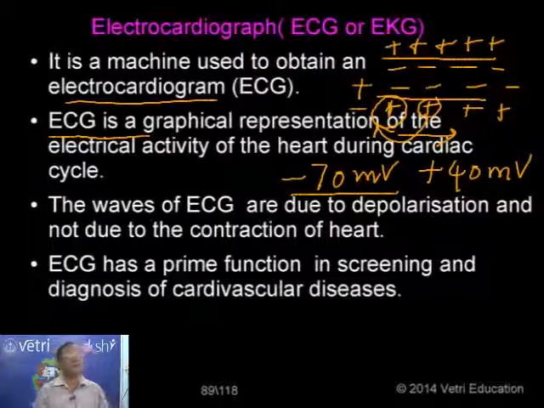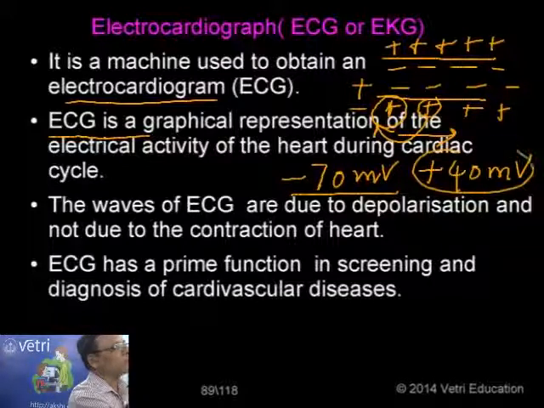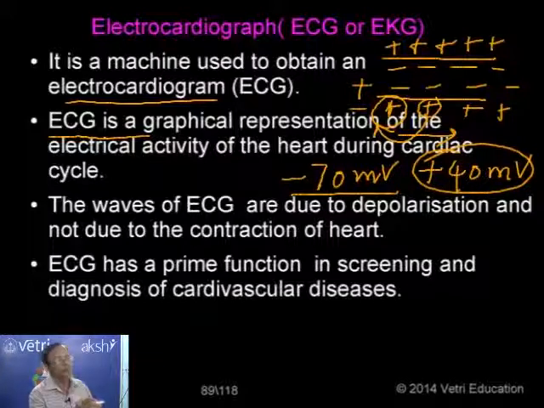So plus 40 millivolt represents the action potential, and minus 70 millivolt represents the resting potential. These two questions came in the question paper, regarding the value of the resting potential and the value of the action potential. Remember that.